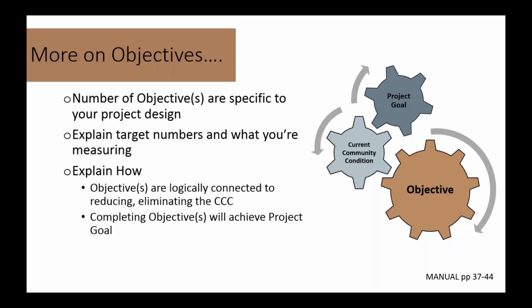So you could have 3 objectives for every year of your project. That's fine. And then you have everything in between. It all depends on the design of your project. You might have one objective in year one, your second objective in year two, your third objective in year three. It's all up to the design of your project and very specific to that. As long as you're within the 3 objective limit, you're fine.